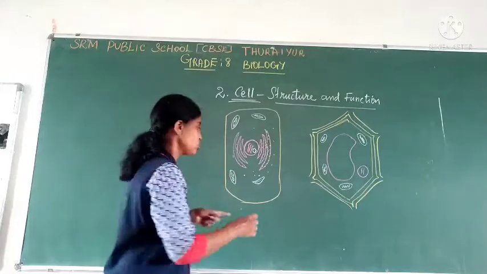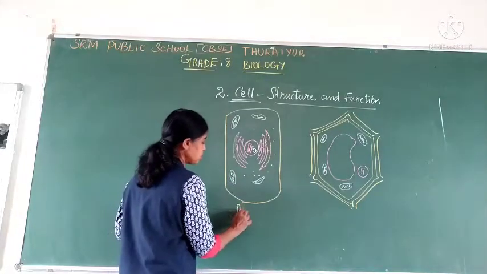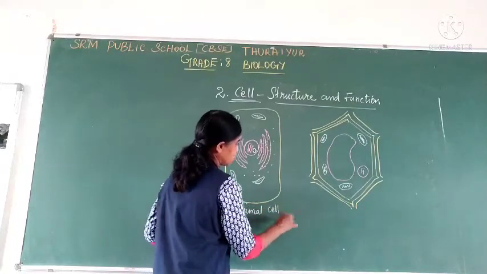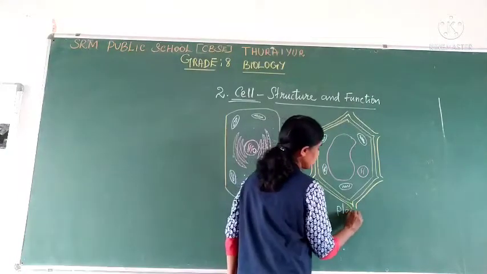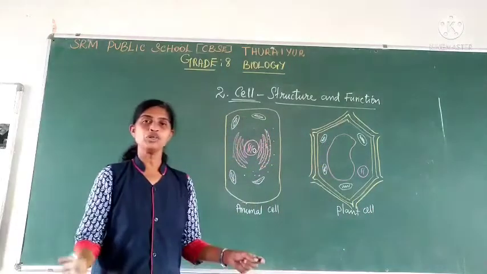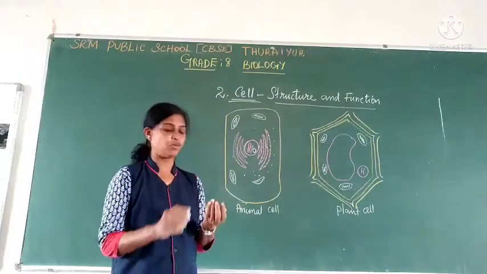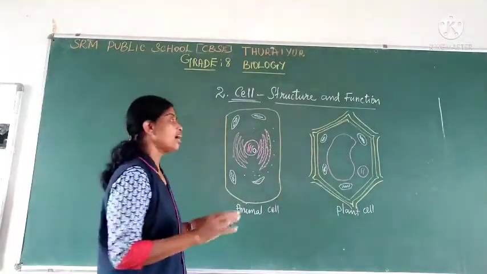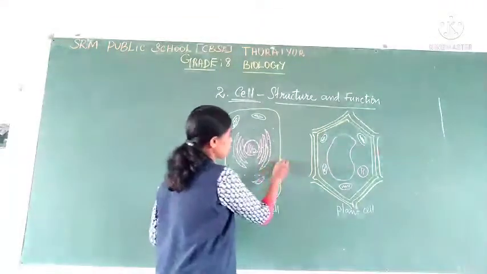So this is an animal cell. This is a plant cell. We are going to do a comparative study of both. Both the plant cell and the animal cell have an outer covering.